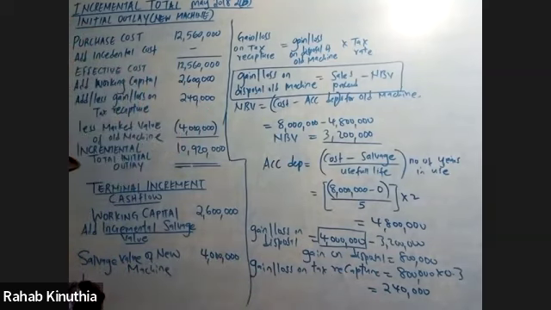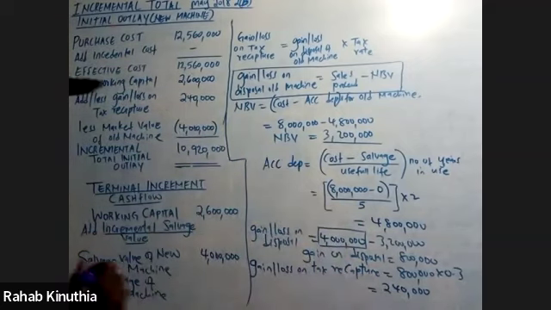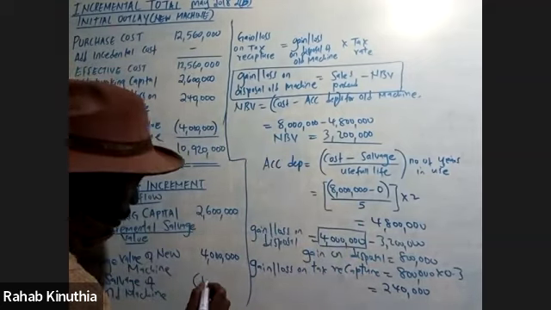And then we less the salvage value of the old machine. What is the salvage value of the old machine? It is 1.5 million.